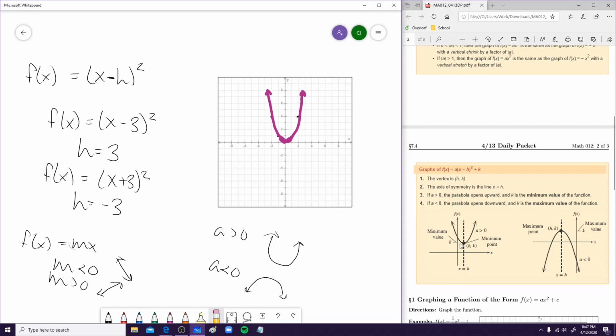This is the minimum, the point where the numbers change. In my drawing, the origin is our vertex. And over here, our vertex is the maximum because the graph goes downwards. And then there's the axis of symmetry, which is the line x equals h.